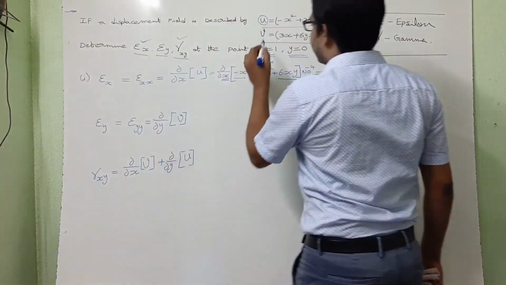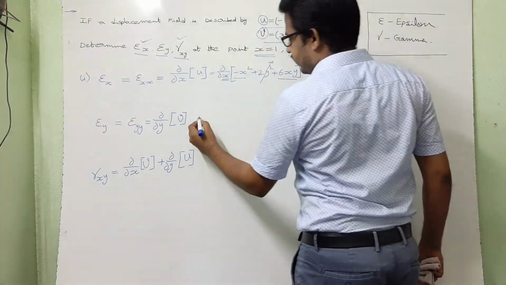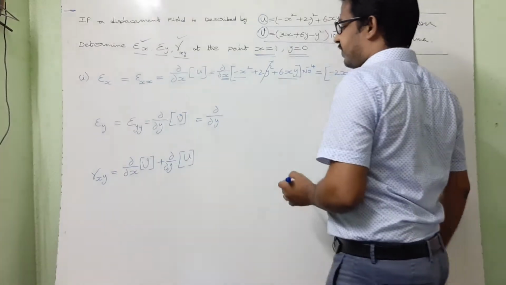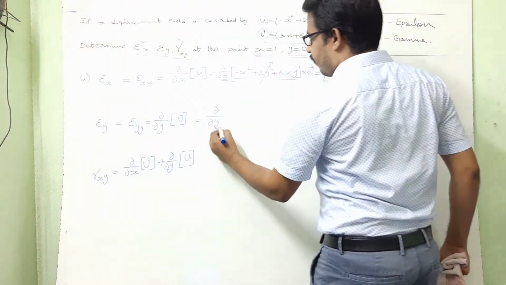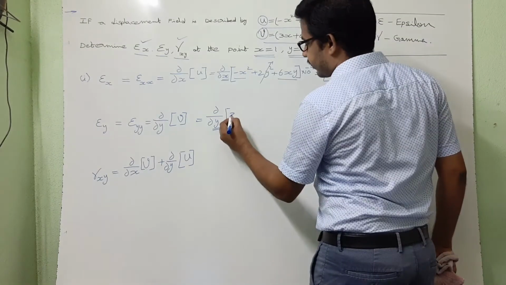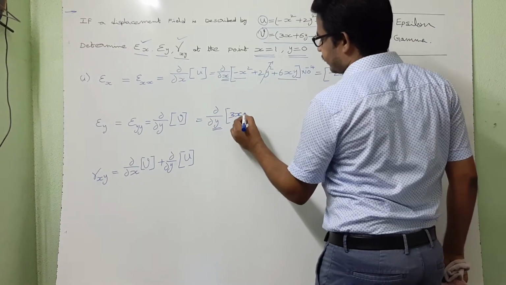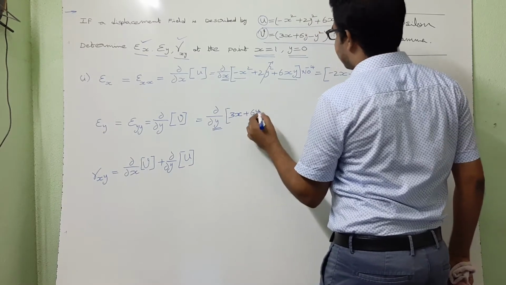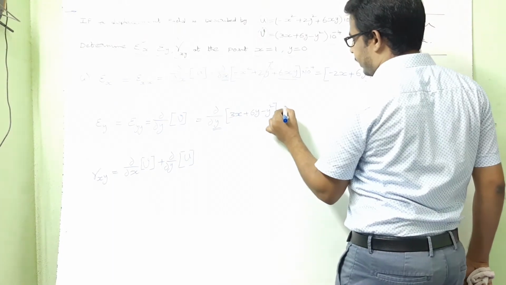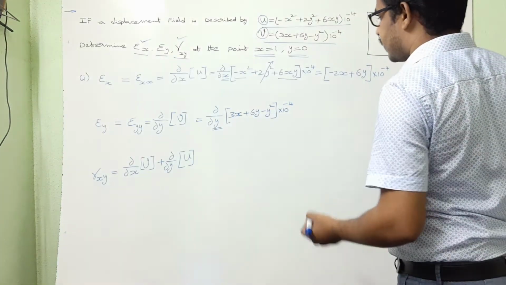Now dou v by dou y. What is the v value? This is the v value, dou by dou y, partial differentiate with respect to y. So here what is the y displacement value? Along the y direction the displacement value v. So here v equal to 3x plus 6y minus y square into 10 power minus 4.